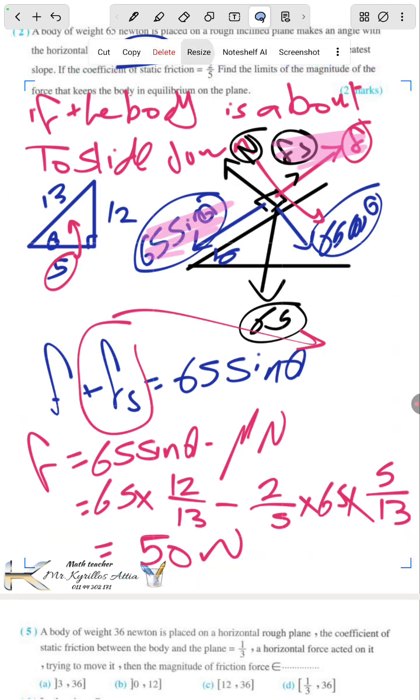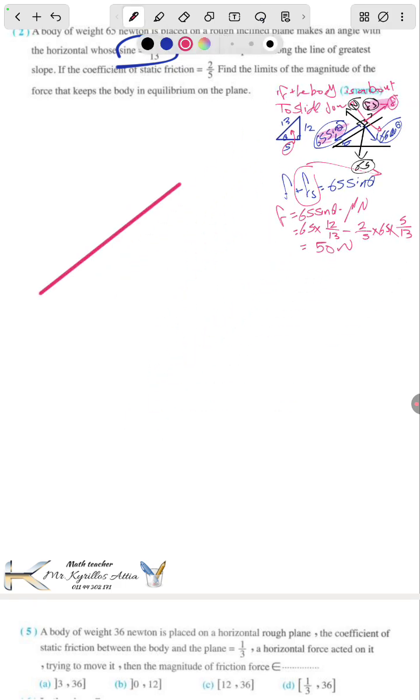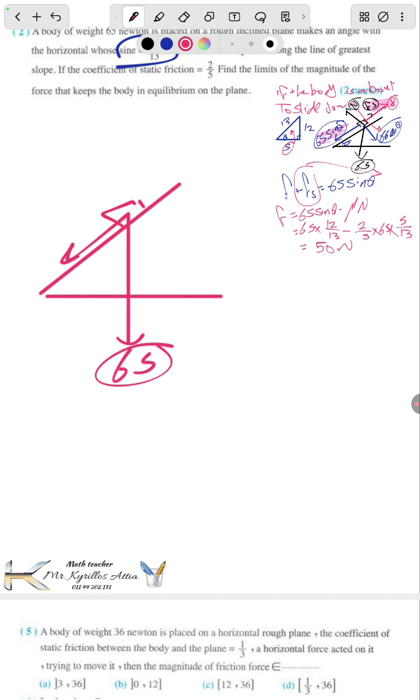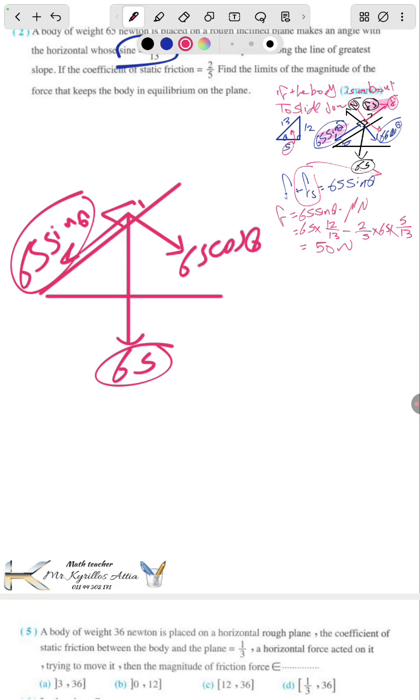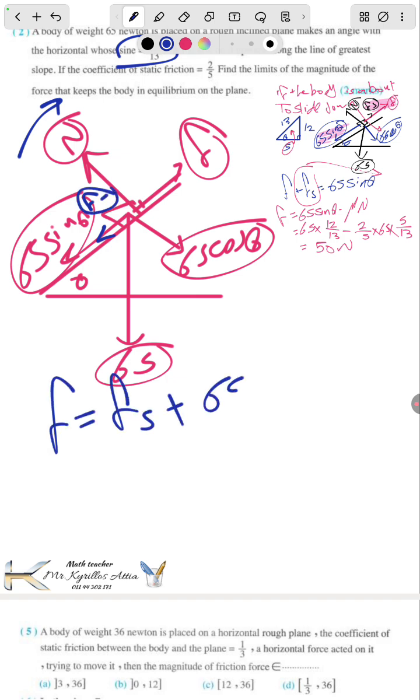In the second case, if the body is about to move up, we can draw the inclined plane, and here is the body, and its weight 65, and here 65 sin theta, and here 65 cosine theta, and here theta, and here the F, and here the normal reaction N. If the body is about to move up, so the Fs will be down, so F equals Fs plus 65 sin theta.